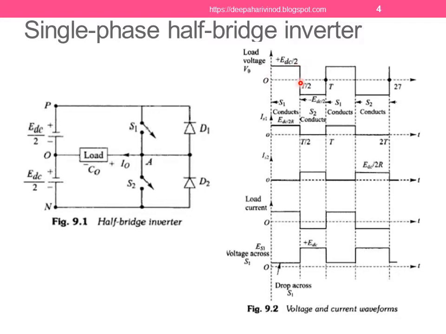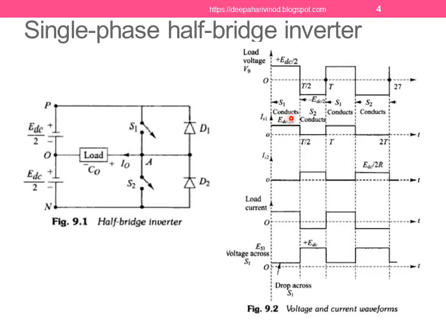Till here is one period, and from here to here is the other period. At this time S1 is conducting and then S2 is conducting. The time period T is equal to 1 by F, where F is the frequency of the output voltage.